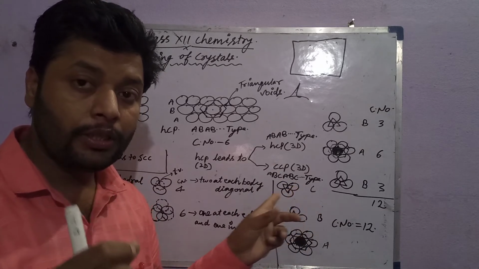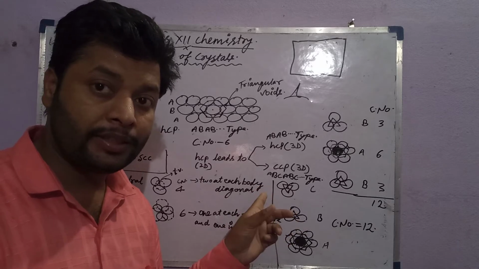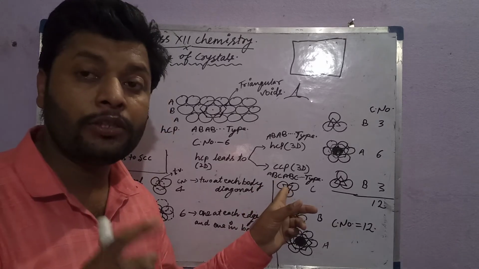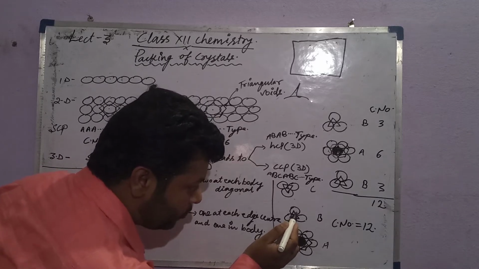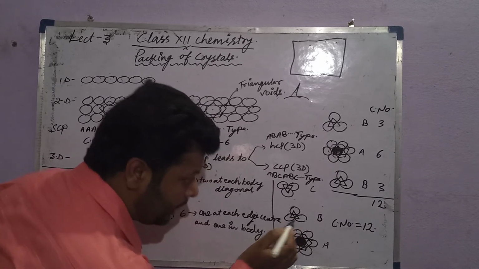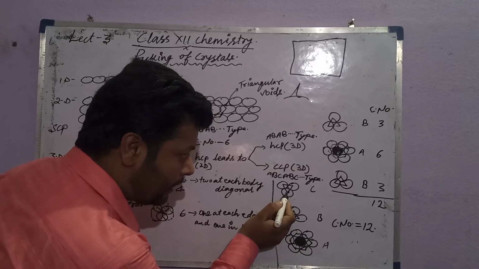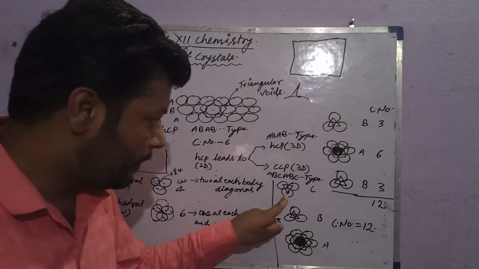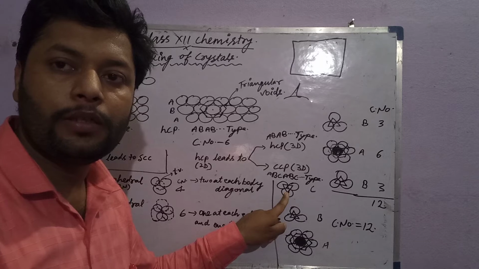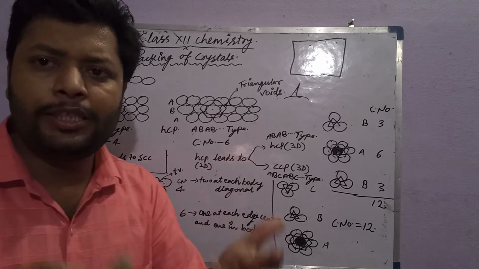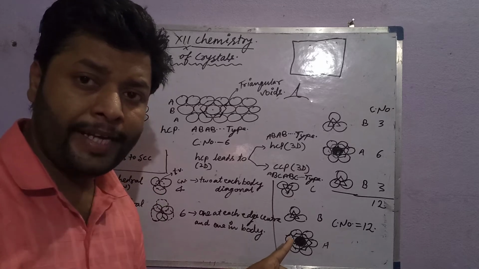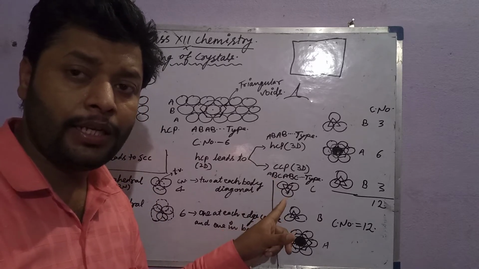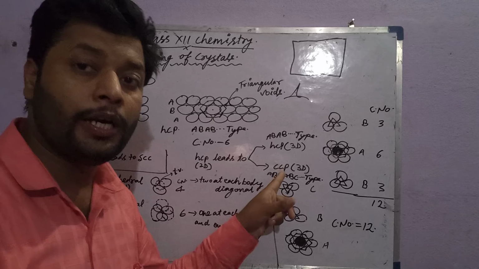You can see there is a white, and this white can be covered by a single particle. So it is very easy to learn: the first layer's whites are occupied by the second layer, and the second layer's whites are occupied by the third layer.